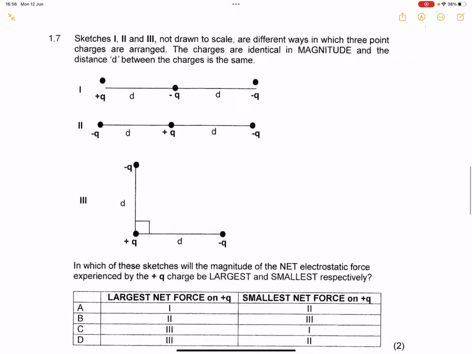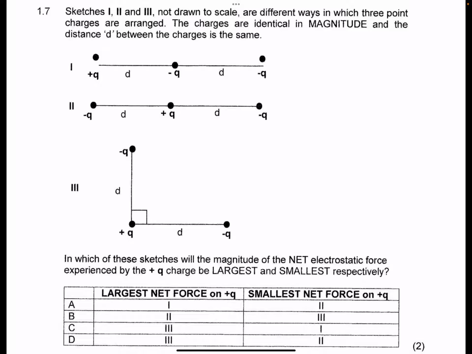Right, the next question, 1.7. They say sketches 1, 2, and 3, not drawn to scale, are different ways in which 3-point charges are arranged. So in this case, they say the charges are identical in magnitude and the distance d between the charges is the same. So here we are.